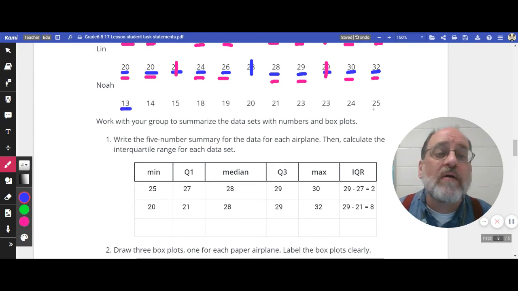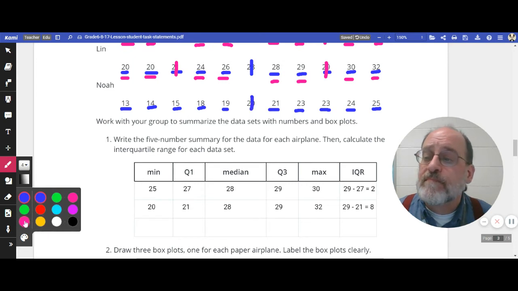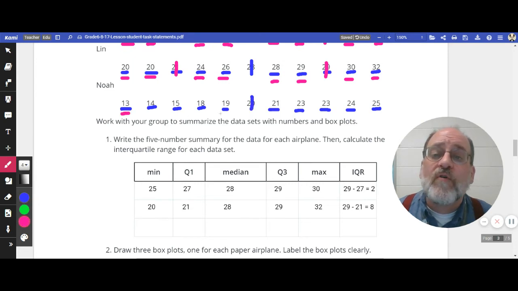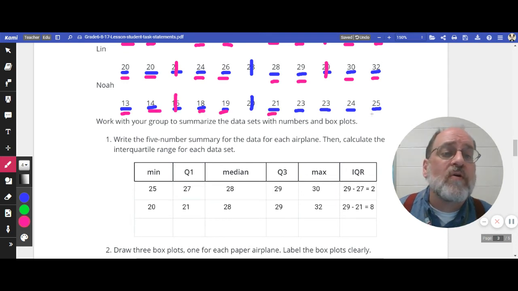Last time. Median at 20. First quartile at 15. Third quartile at 23, it looks like.